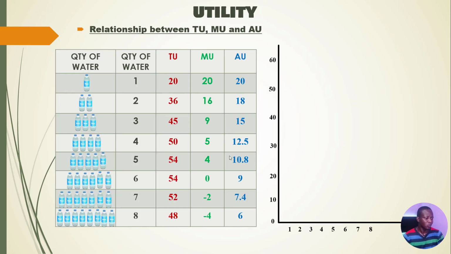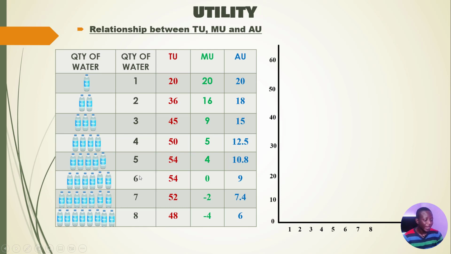Okay, so let's say we keep continuing with this same analysis till the 8th unit of bottle. You realize that if you take the 5th bottle of water, our marginal utility is going to fall from 5 units to 4 units, causing the total utility to increase to 54. And our average utility is going to be 10.8.